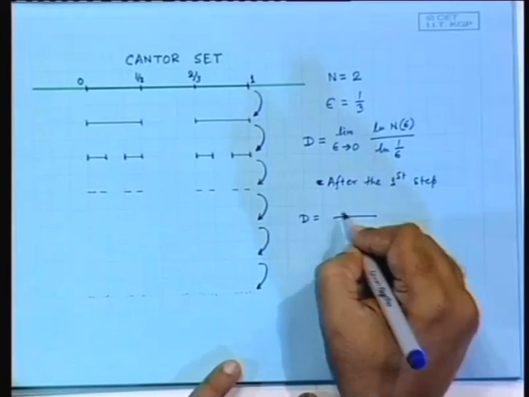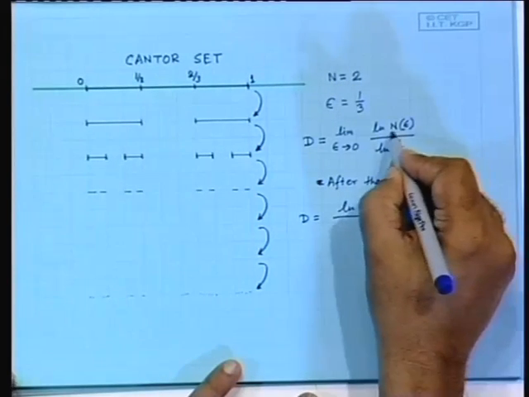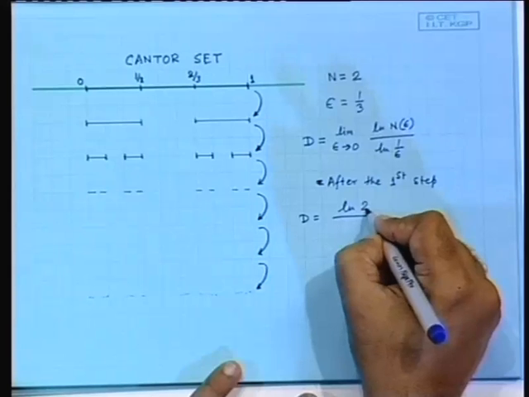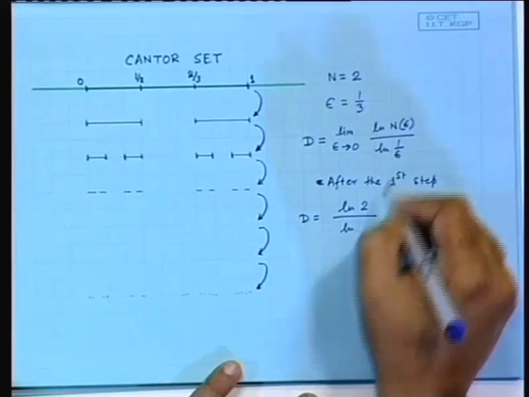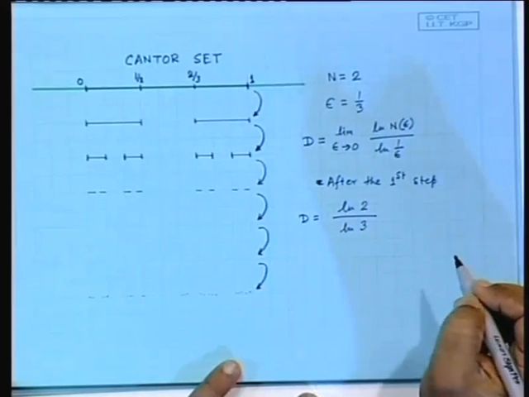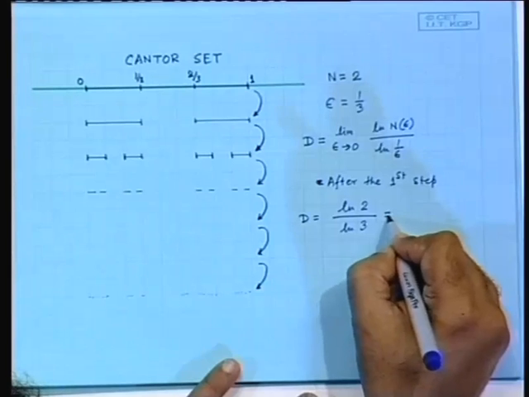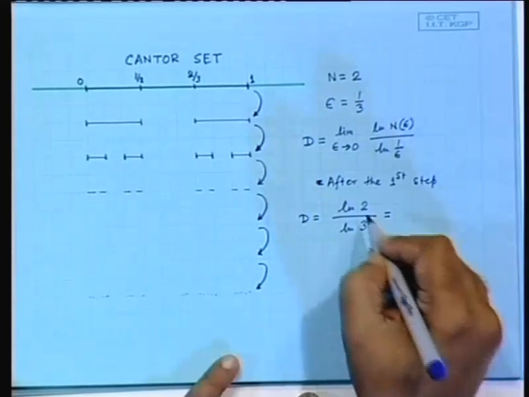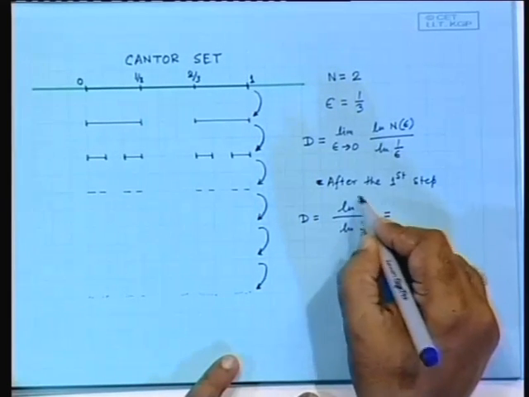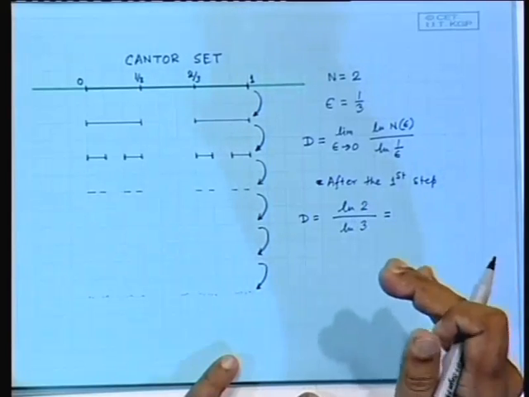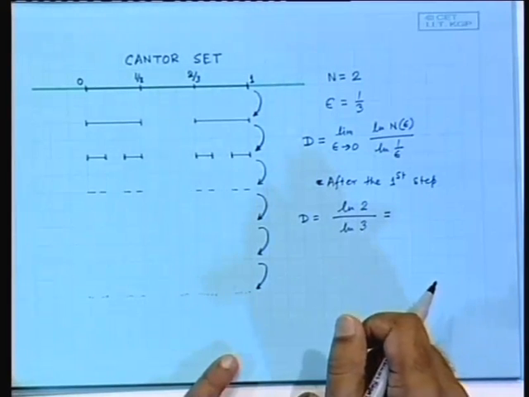This will be ln n, which is ln 2, divided by ln 1 by epsilon, which is ln 3. This is a fractional number lying between 0 and 1, a fraction.